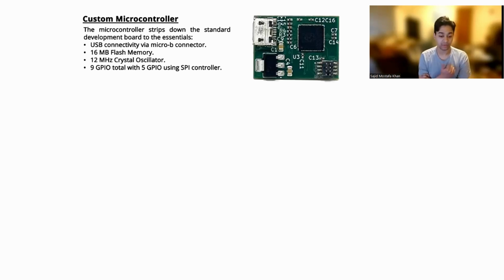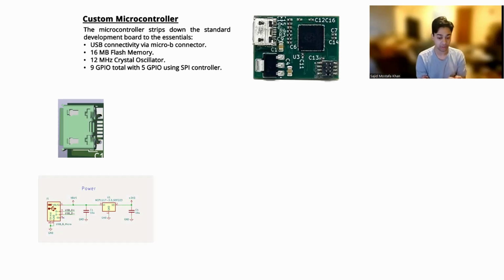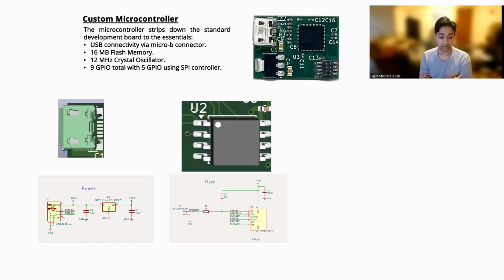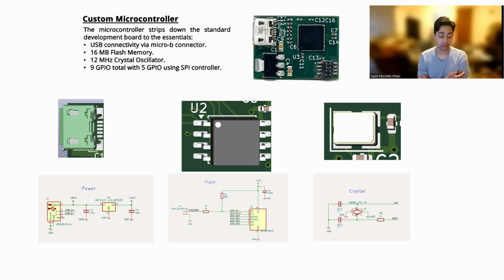So we mainly have USB for the connectivity and programming. We have 16 megabytes of flash memory. And we have a 12 megahertz crystal oscillator, which allows the board to run at a clock speed of 125 megahertz internally.